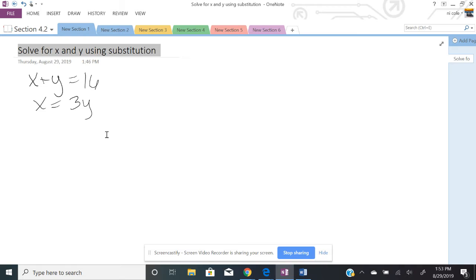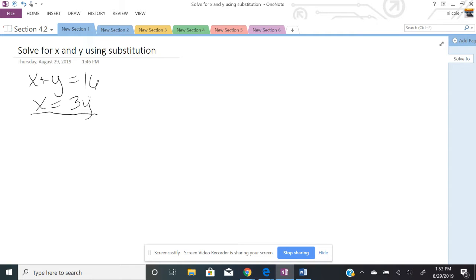All right, so with the substitution method, you have to solve for a single variable. So you either have to solve one of the equations for x or for y. And if we look at this first example, equation 2 has x already solved for. So x, I know, is equal to 3y.